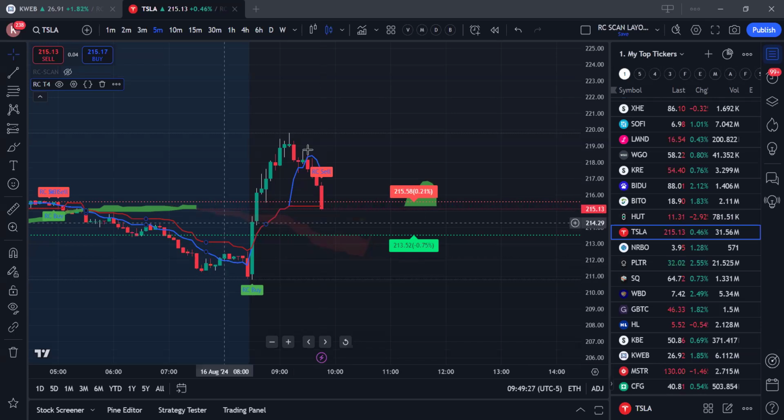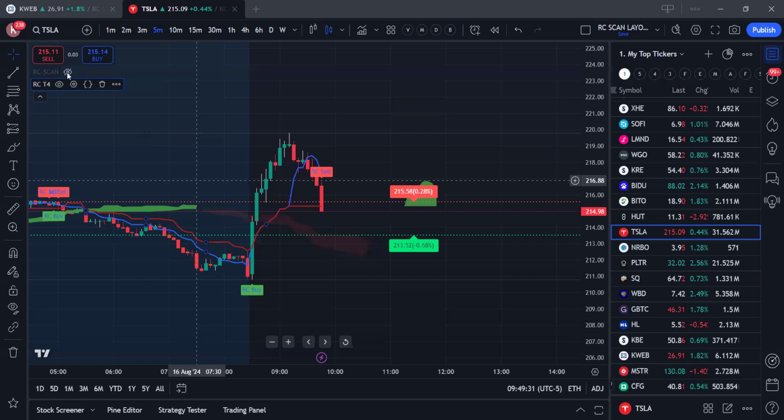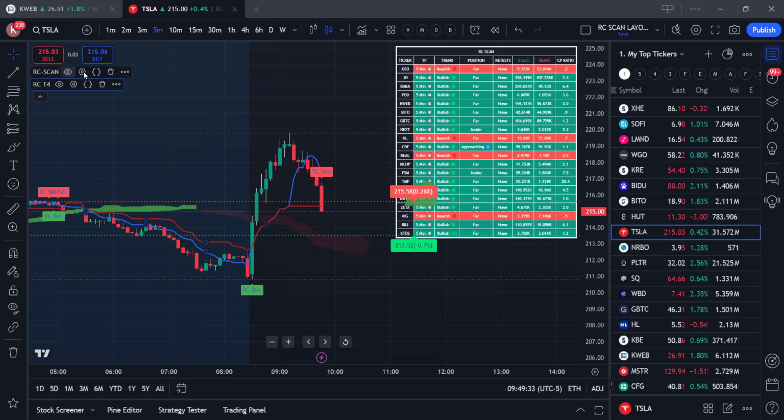Cloud is red here. Tesla gave a sell signal. You can go to scan and see what is happening with Tesla.